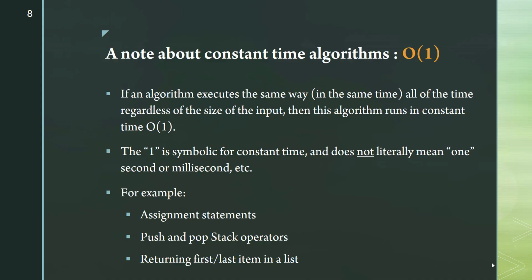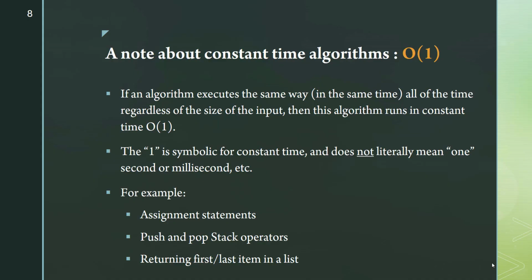If an algorithm takes x milliseconds with 5 items in the input dataset, or 5 billion items, then we consider this algorithm a constant time algorithm. In other words, this algorithm's time doesn't change when the size of the input changes. The 1 here is symbolic for constant time and doesn't literally mean 1 second or 1 millisecond.